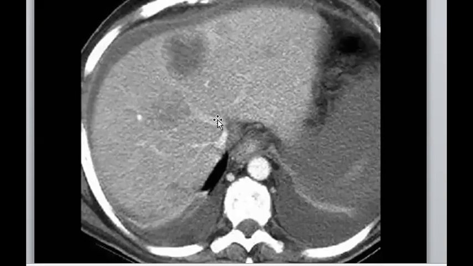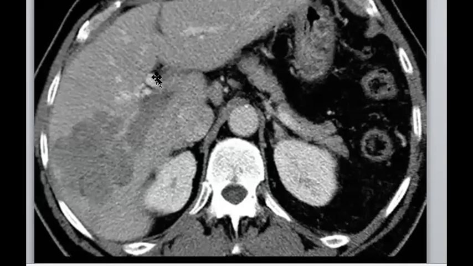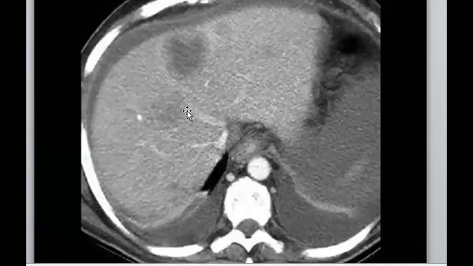When you have a cirrhosis patient, as in this case, it is HCC until proved otherwise. So in this case, metastases.